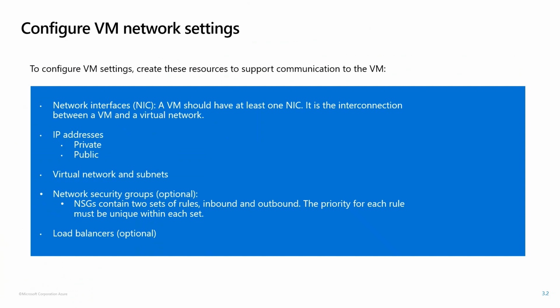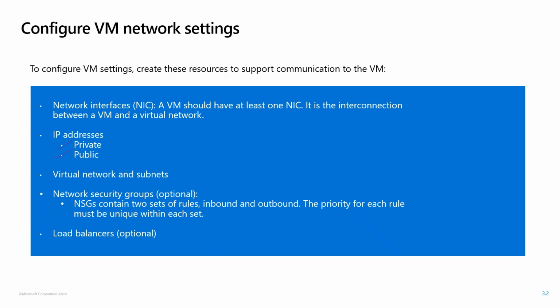Do you want communication to the internet? And which of these SKUs, or stock keeping units, that you can select for IPs would support each of these types of communication? Know that for the exam.